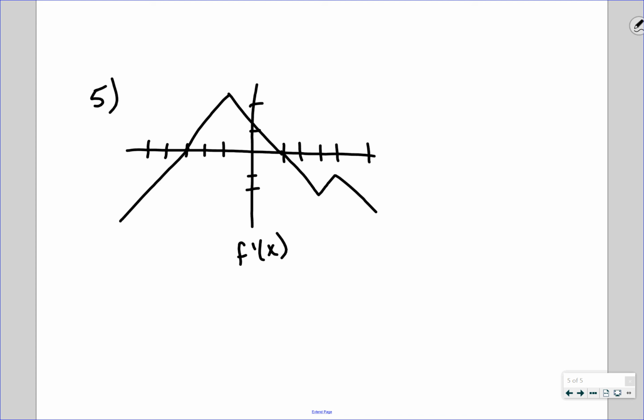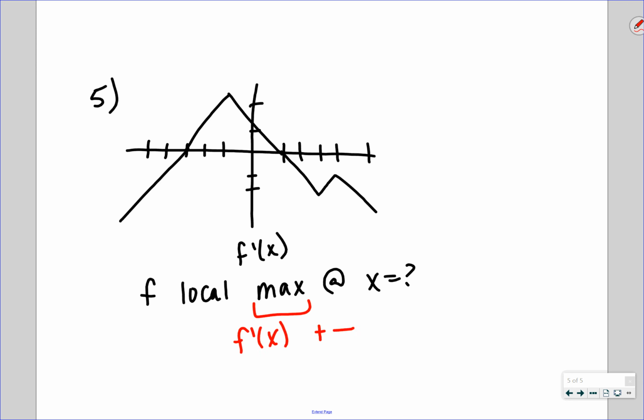It says the graph of f prime, the derivative of f, is shown. f has a local max at x equals what? A maximum is going to happen when my first derivative goes from positive to negative, increasing to decreasing. I switch from a positive number to a negative number right here at x equals 1. So you're always comparing what it is that you were given and what graph you are relating it to.